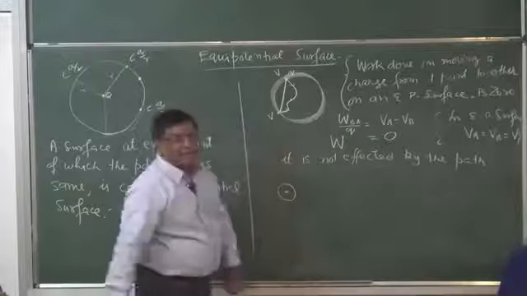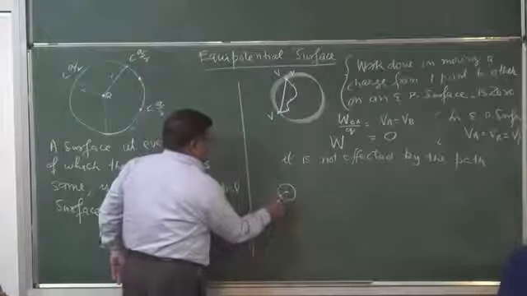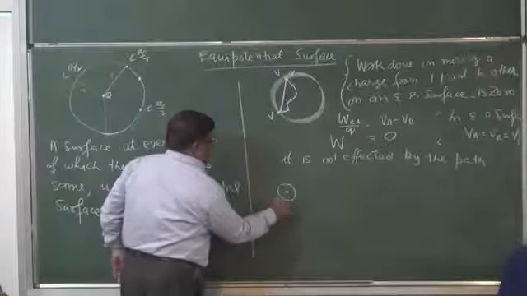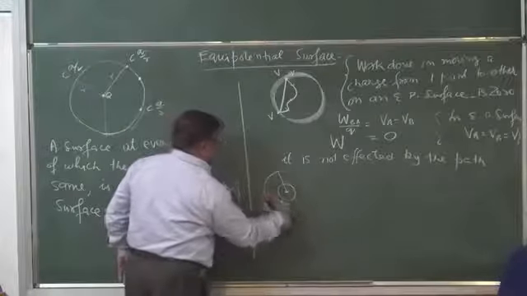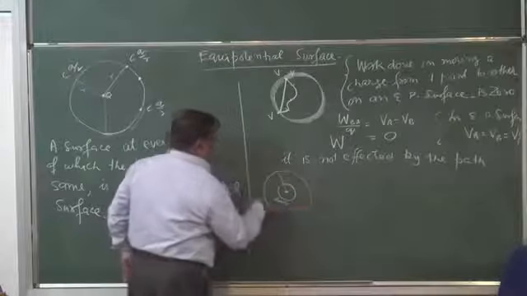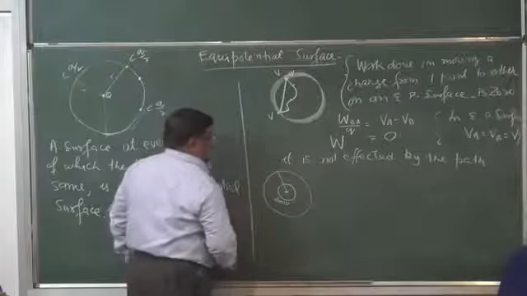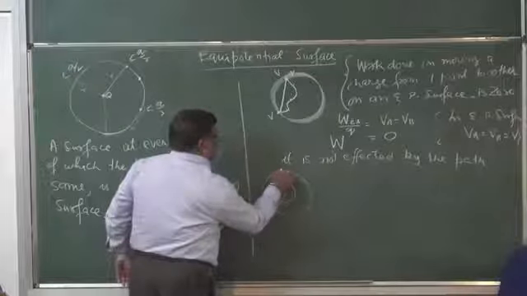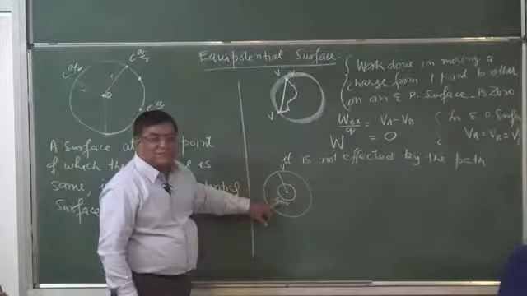It is an equipotential surface, the distance is very small, and it has a potential of 400 volt. Now at a larger radius there is another sphere. This sphere is also an equipotential surface, and is its potential more than this or less than this?